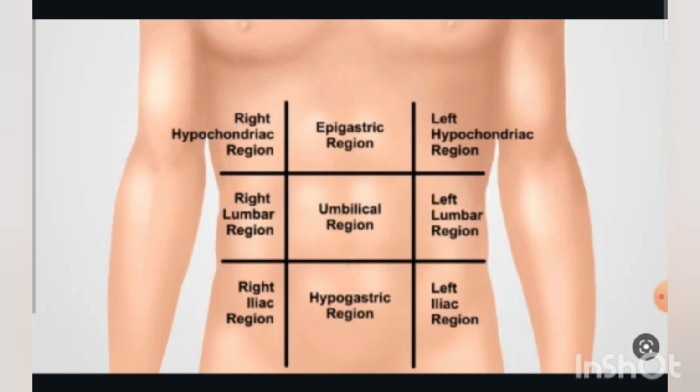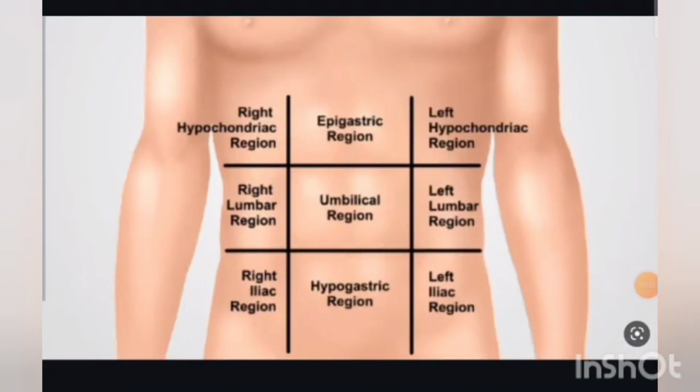As we see, on the right side we have the hypochondriac region, right lumbar region and right iliac region. On the left side, the hypochondriac region, left lumbar region and left iliac region. In the middle, the epigastric region, umbilical region and hypogastric region.